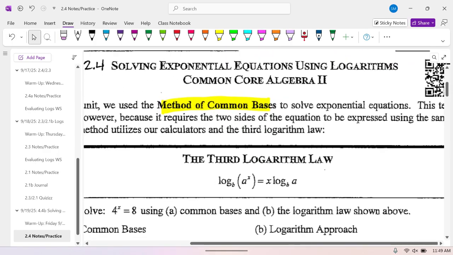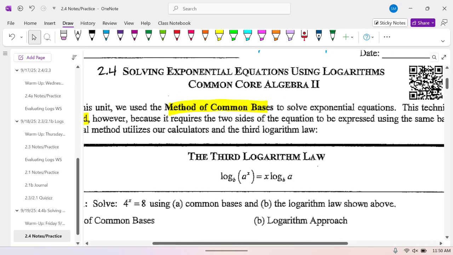Now, before we get into how to do it, we need to talk about a law of logarithms that will help us when we start solving. And that logarithm law is called the power law. Just like how we used the power rule when we did same bases, if we had to multiply exponents together, not quite the same thing here. It's actually a lot easier.